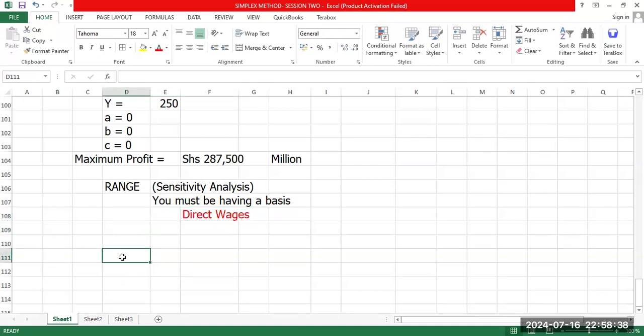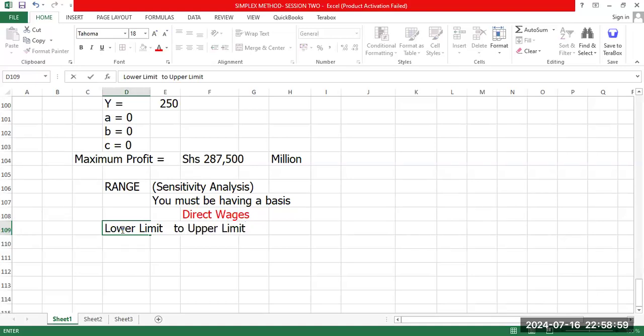Now, remember the range we are talking about here, they want you to get the lower limit. Always start from the lower limit to upper limit. So we need the lower limit figure, we need the upper limit figure. How do we get them?